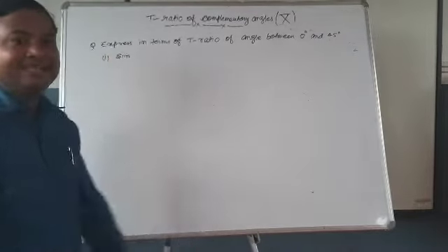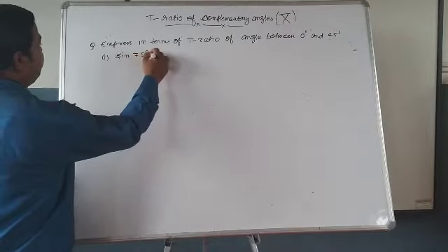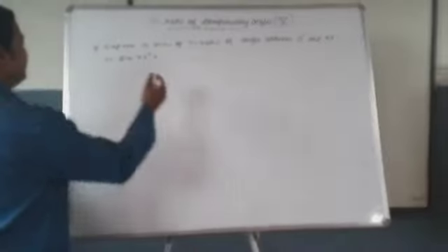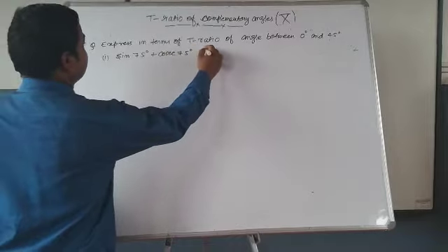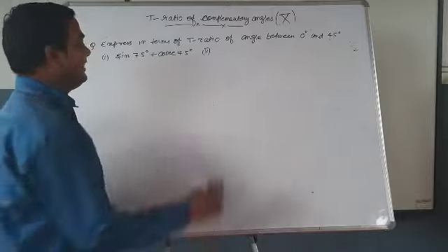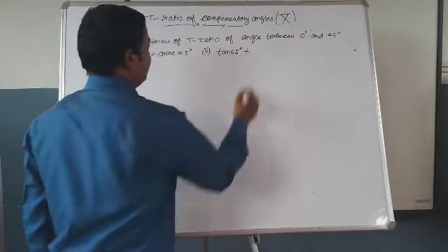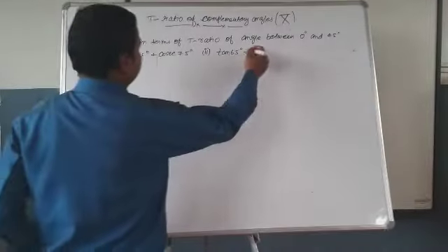The first question is sin 75 degrees plus cosec 75 degrees. The second is tan 65 degrees plus cot 49 degrees.